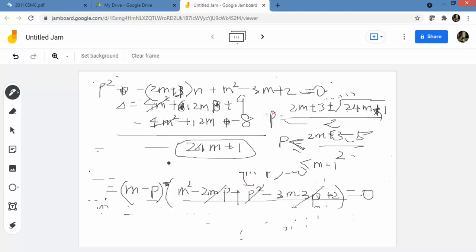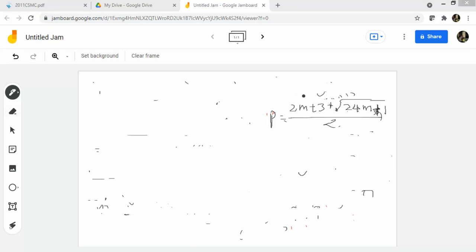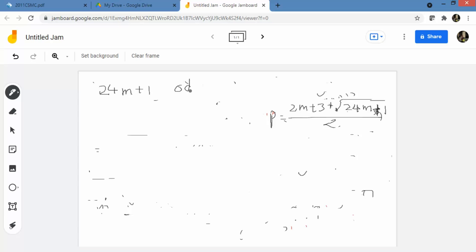Okay, now is the more fun part. For this answer, first we notice that this must be odd. So 24m plus 1 has to be odd. So the square has to be an odd square.